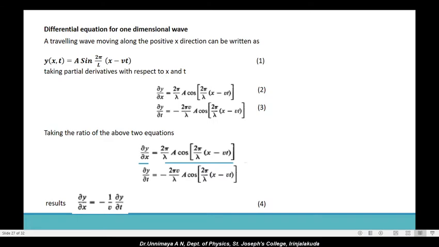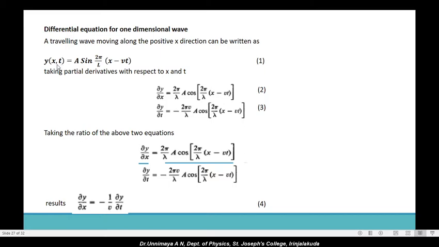When we differentiate y, how do we represent that derivative, dy by dt or dy by dx? If y is only a function of x, then only we can write dy by dx. Here y is a function of two variables, x and t.